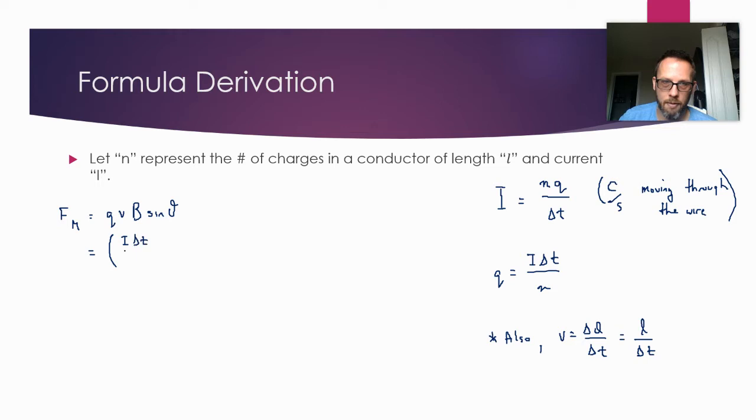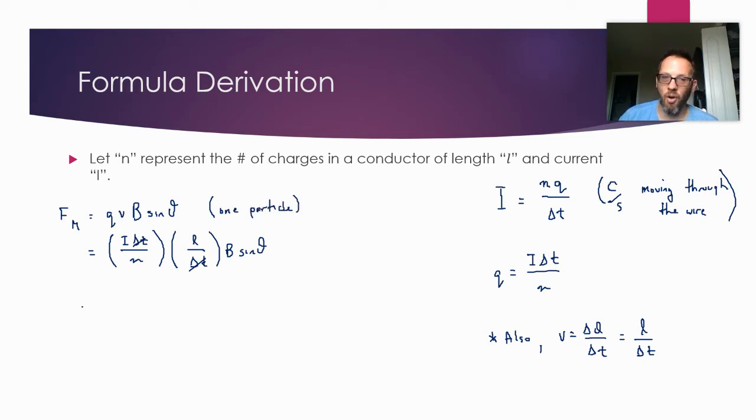We take our expression for V, L over delta T, and plug it in, times B sine theta. Notice the delta T's divide out. And this is the force on one particle.